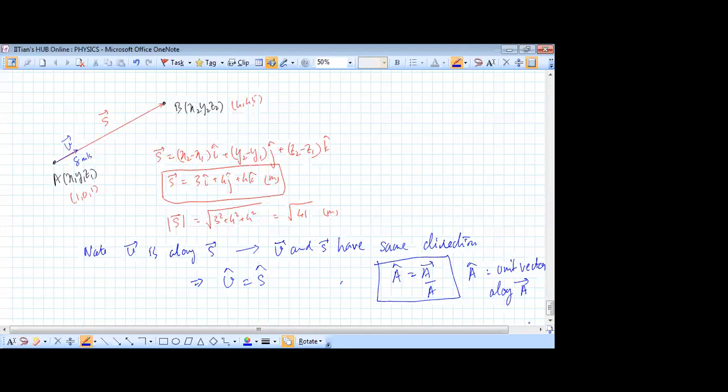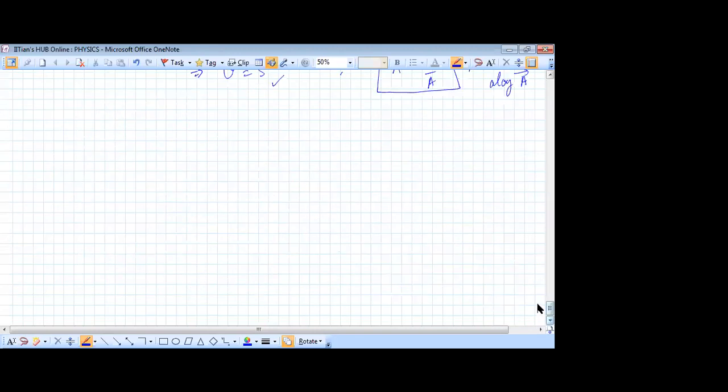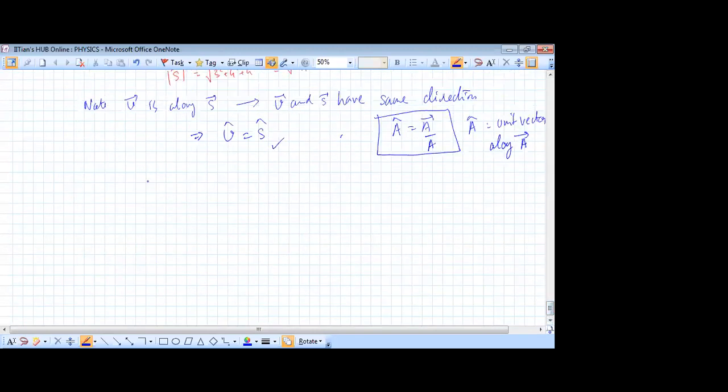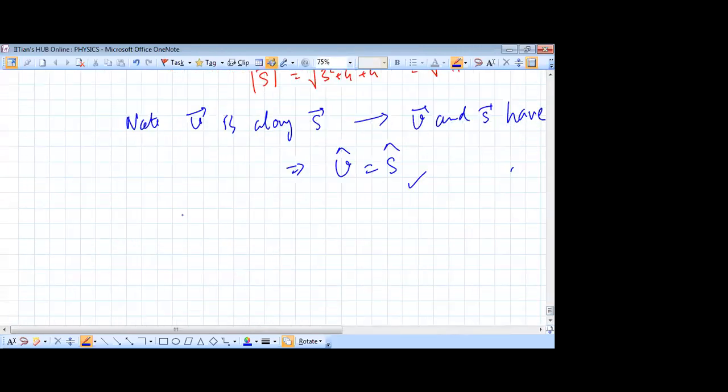Okay, we will. So hope this idea is clear here. So from here you can see that the vector S was this thing. It was 3i cap plus 4j cap plus 4k cap.